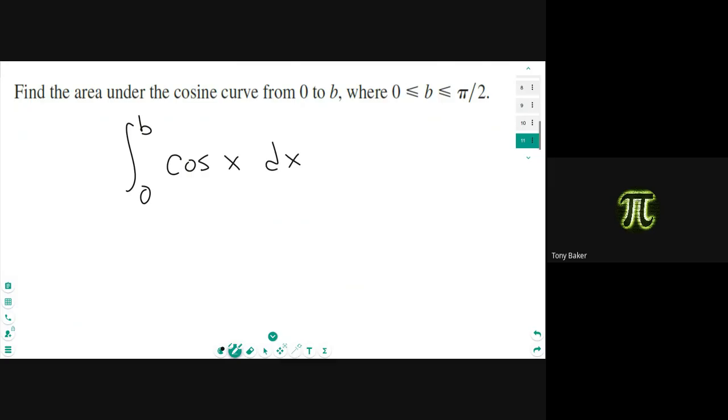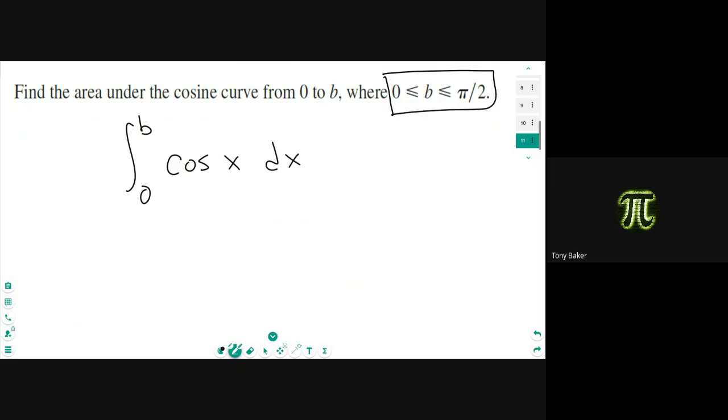Why do you think that part's important? If we're not really using the b anyway, why is that important? It does give me an endpoint. This cosine is a wave, so it does repeat.